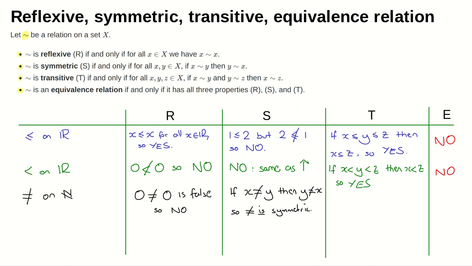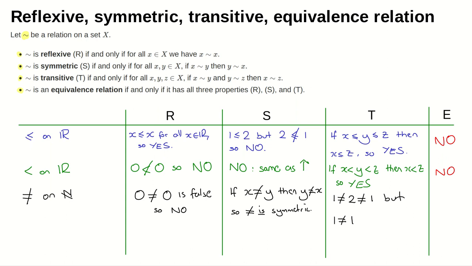And finally, transitivity. Well, this relation is not transitive because 1 is not equal to 2, 2 is not equal to 1, but it's not the case that 1 is not equal to 1.